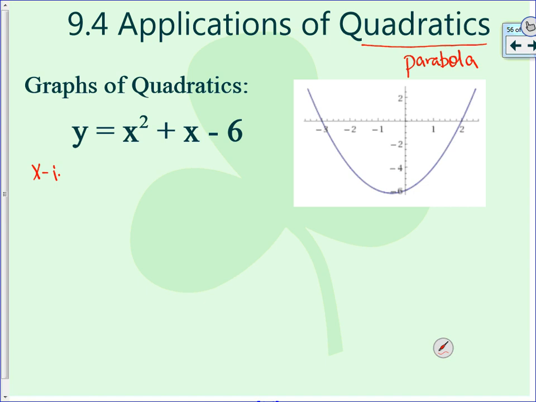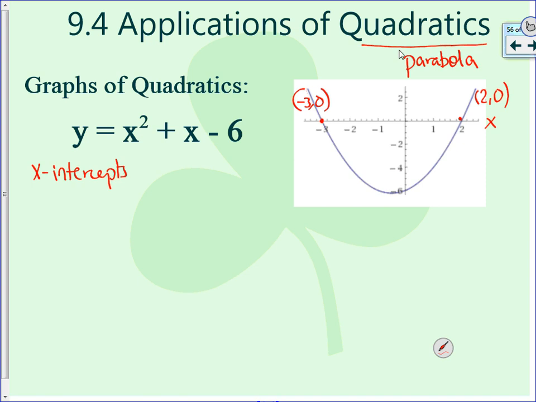So let's look at the x-intercepts of the parabola. If I am at an x-intercept, here is where the graph crosses the x-axis. What is this first point on the left? What are the coordinates, DJ? -3, 0. And then DJ, what's the other one? 2, 0.